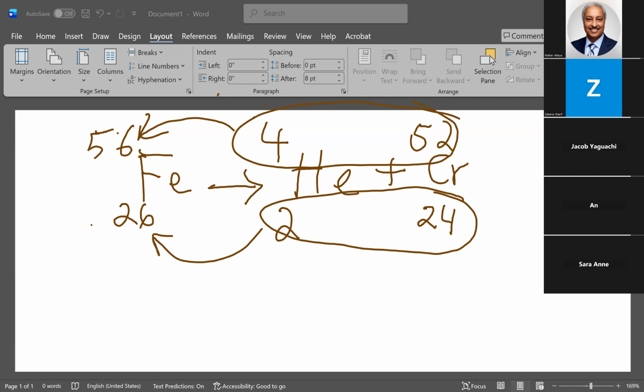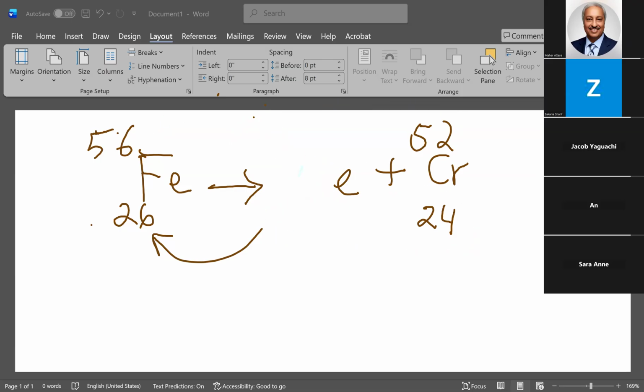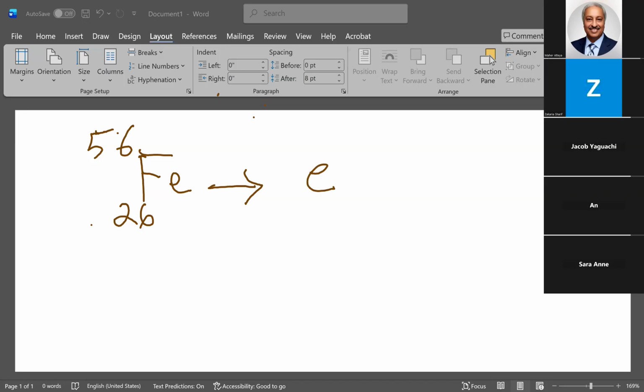Make sense, guys? Now let's take beta out of this. The beta has no mass, so the atomic mass is 0, but the atomic number is -1. So what will be the atomic number of the new element?